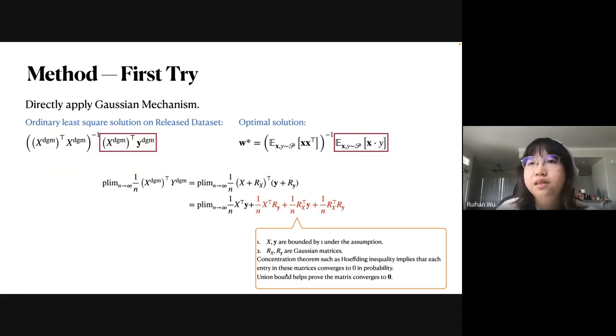Then a concentration theorem, such as Hoeffding's inequality, implies that each entry in those matrices will converge to 0 in probability. The union bound then helps us prove that the whole vectors and their summation will converge to 0 as well.